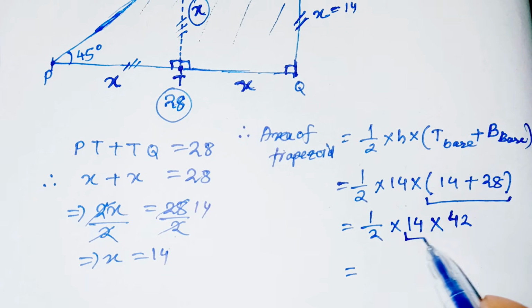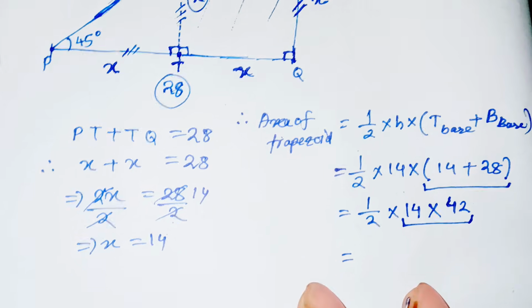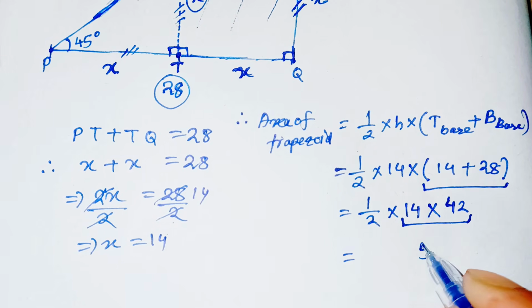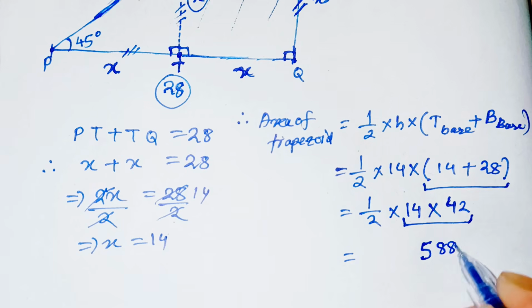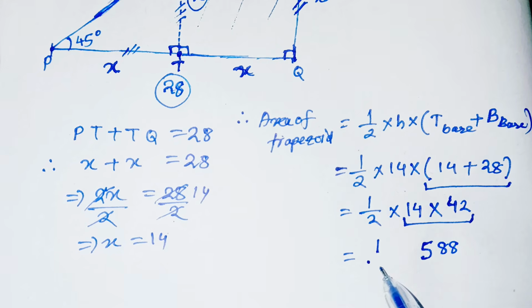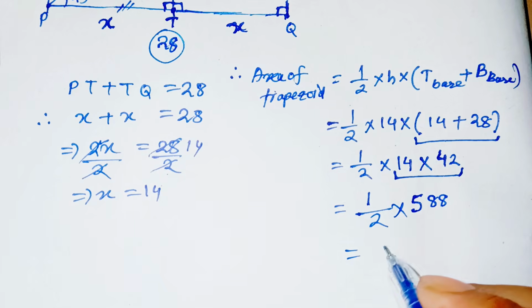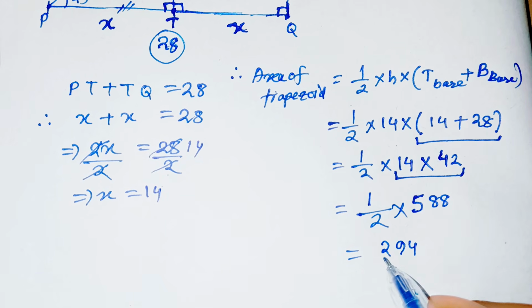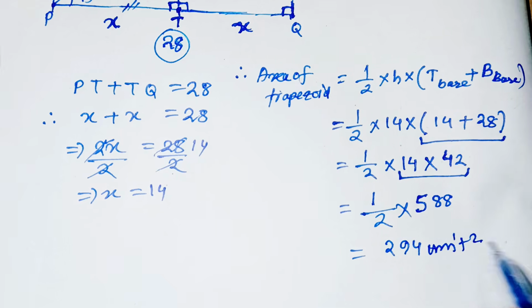Now, multiply 14 by 42. 14 multiplied by 42 equals 588. Therefore, the area is 588 divided by 2, which gives us 294. So the exact area of the trapezoid is 294 square units.